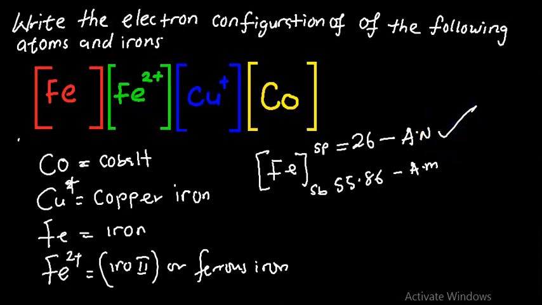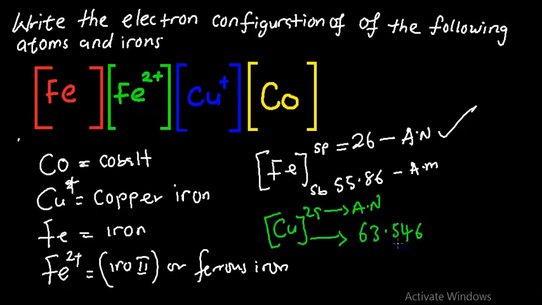Let's take an example with the second one. Let's say on our periodic table, copper. What we have on the top is 29, which is the atomic number, and the subscript for copper is 63.546.